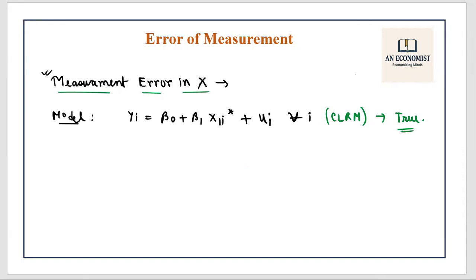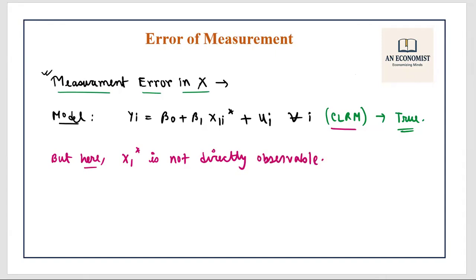But due to some mistake, since this x1 star is not observable, let me write it here. This model satisfies all the assumptions of CLRM, but here this x1 star is not directly observable.